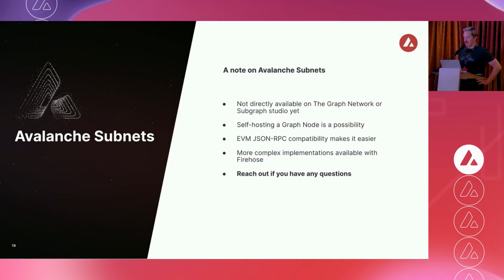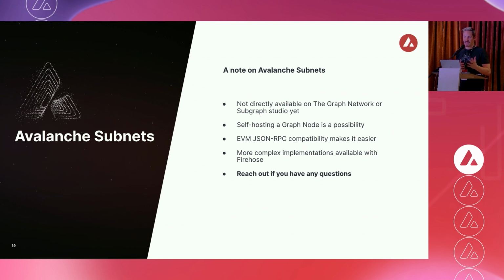A quick note on Avalanche subnets. We touched on it before. If you think about creating an Avalanche subnet, currently the support on the hosted service or The Graph network for subnets specifically is not there. We are working on this currently, but there are some workarounds. For example, we could self-host a graph node that indexes your subgraphs, but then the subnet needs to be EVM compatible.